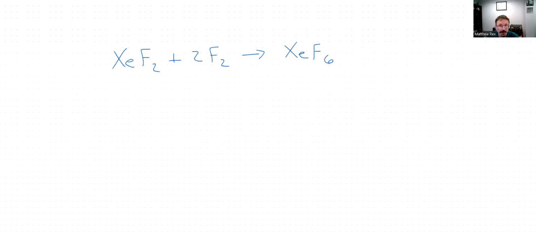So we know a xenon-fluorine bond is 147 kilojoules, and a fluorine-fluorine bond is 159. So we're going to take bonds broken. In this case, we're going to have 2 xenon-fluorine bonds. So bonds broken are going to be positive.